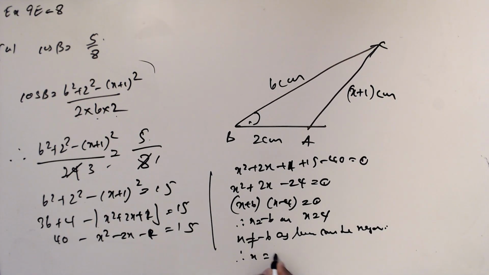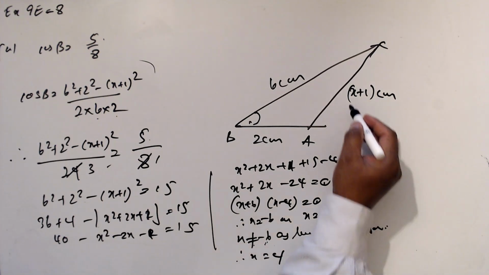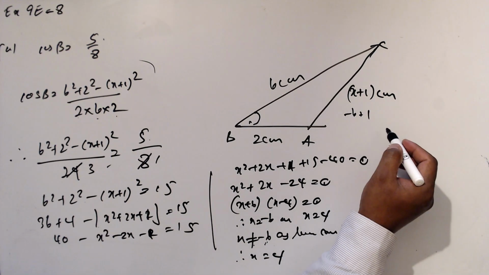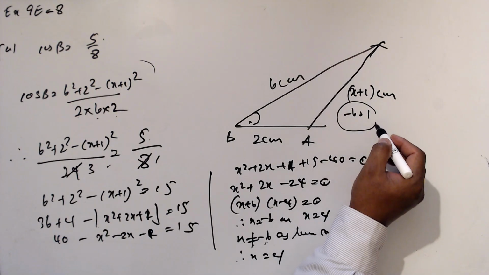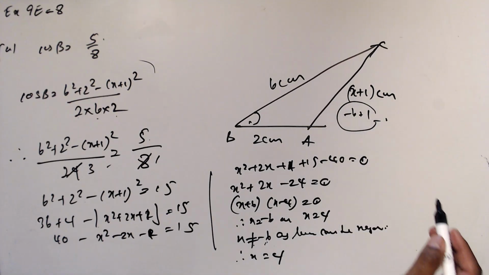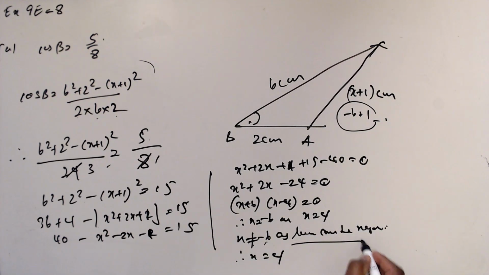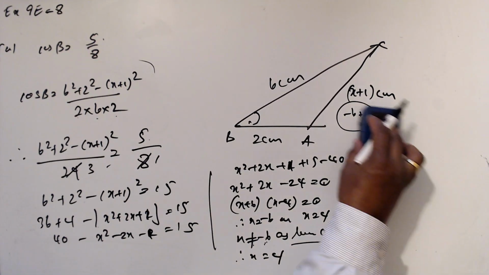hence x equals 4. Actually, I should clarify this one. Not because of x equals minus 6, but because when I put x equals minus 6 here, x plus 1 is going to be a negative number. That's why that is not possible.